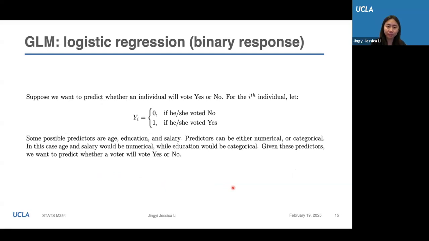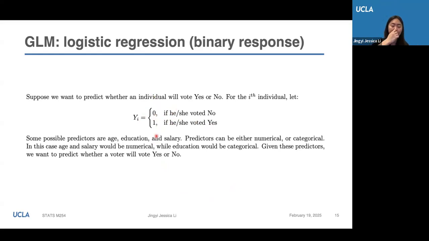GLM. Why do we want to generalize? The first motivation is that the response y_i does not seem to be a Gaussian random variable. This is a common example in a lot of our social science data. That is, the response of an individual may be binary. For example, in voting data, there are only 2 votes, so it's 0 or 1.